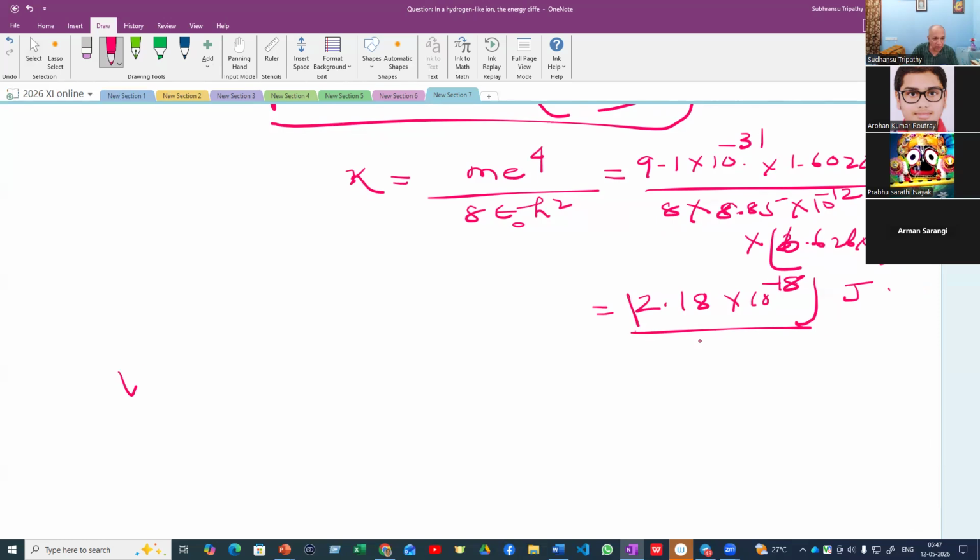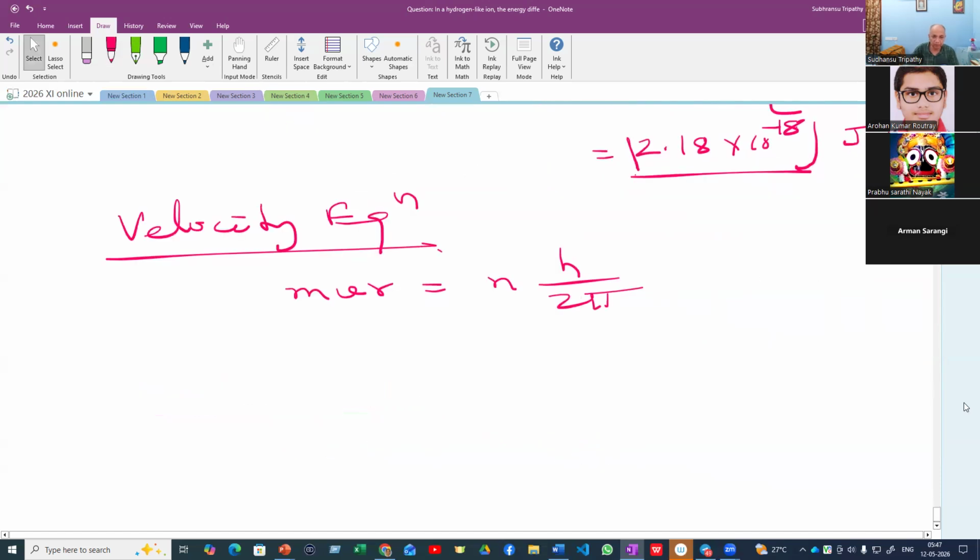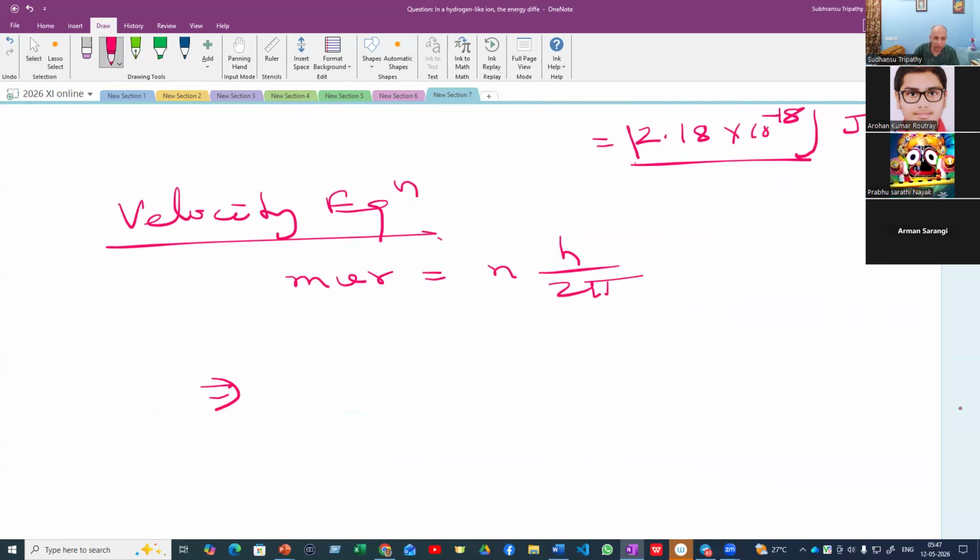Let us find the velocity equation. Again you have to apply the quantization of angular momentum. mvr is equal to nh by 2 pi, from which v is equal to nh by 2 pi m r. This we have done.